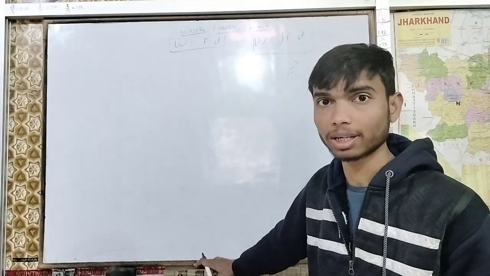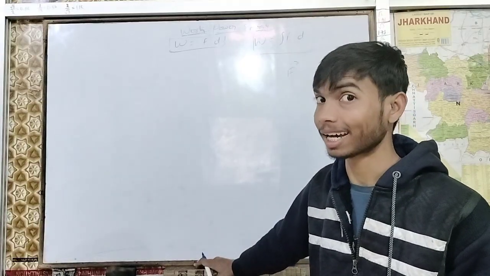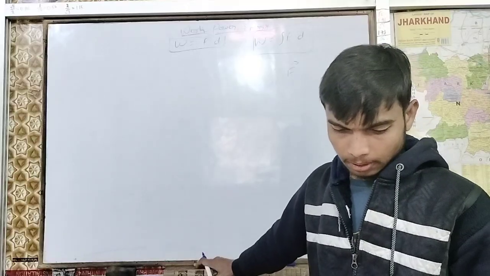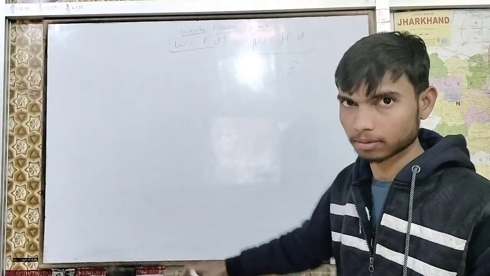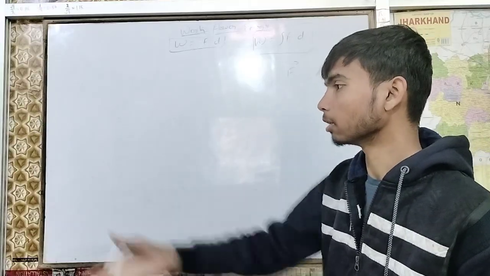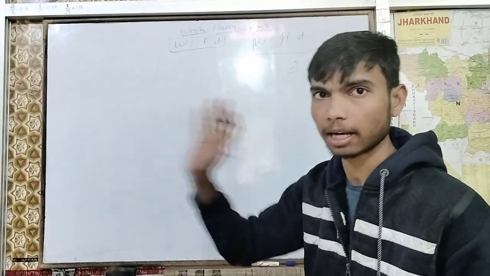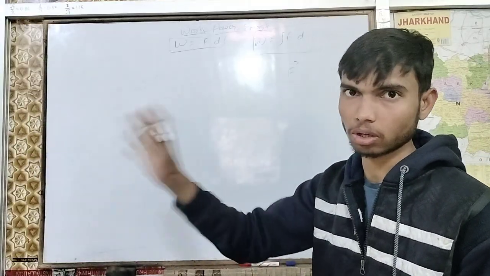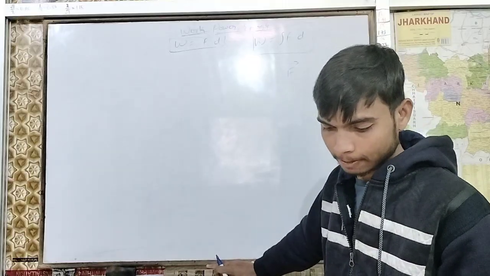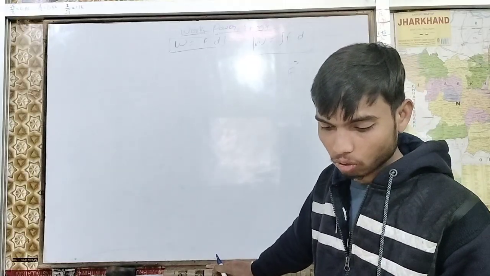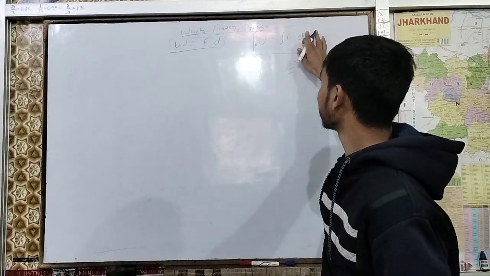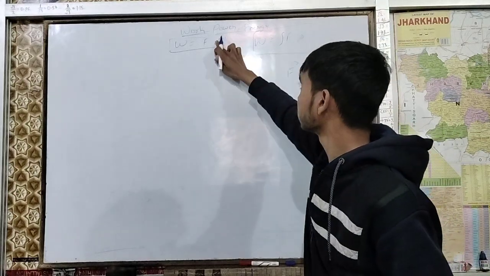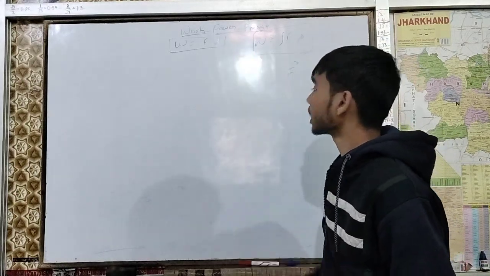So remember, work does not have direction. If the body goes through a displacement in this direction, and I also apply a force in the same direction, then the work done by the force is given by F dot s.